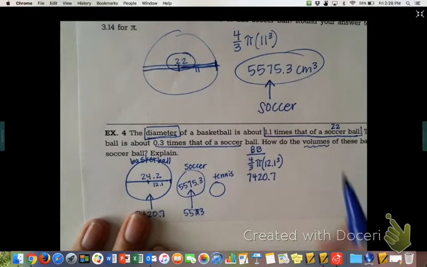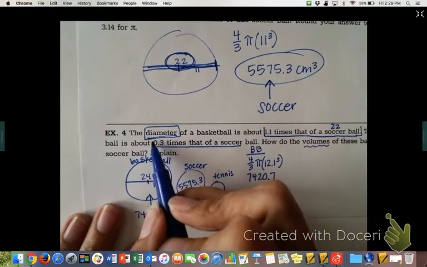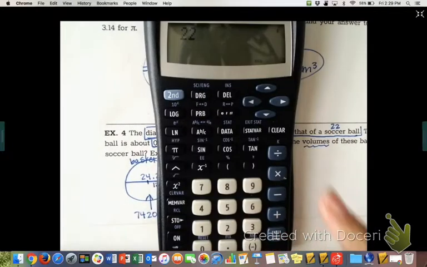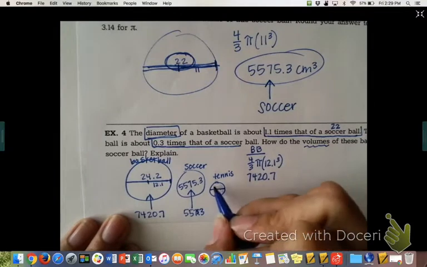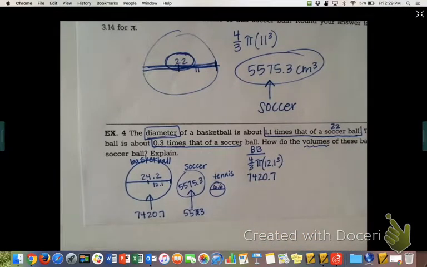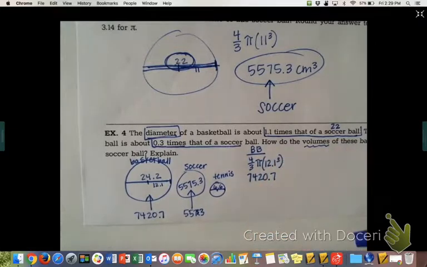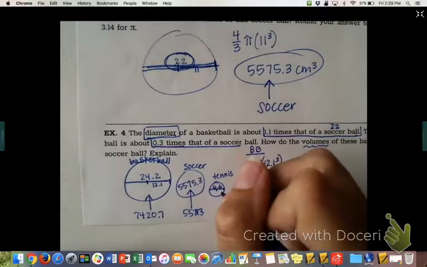So let's go back to our diameter of a soccer ball, which was 22, and take it 0.3 times for the soccer ball. So 22 times 0.3 is 6.6. So our diameter of a tennis ball is 6.6. But remember, we only need the radius, so we're going to have to cut that in half. So 6.6 divided by 2 is 3.3.